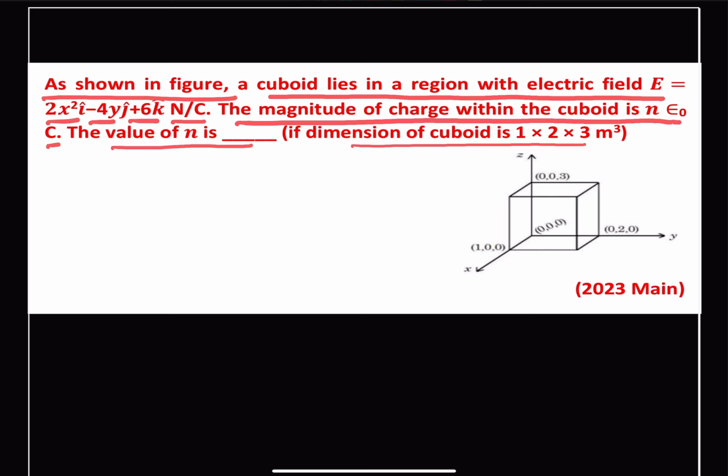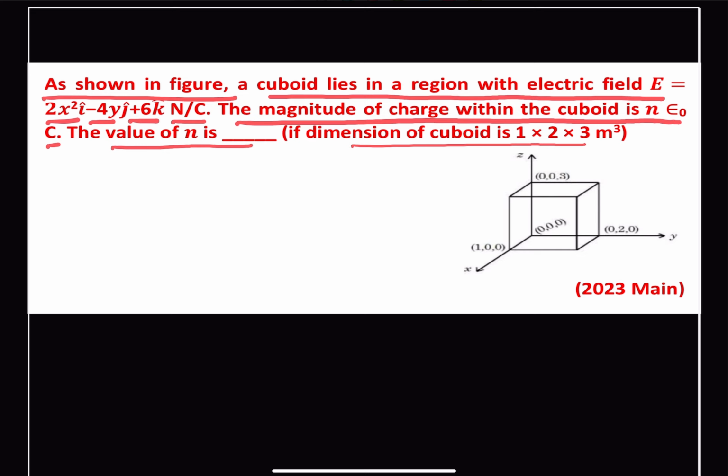So a basic figure is given to us, a cuboid, and we have to find out the magnitude of charge within this cuboid. For that we are going to use Gauss law, that is electric flux through a closed surface.